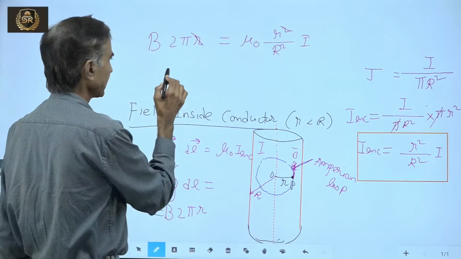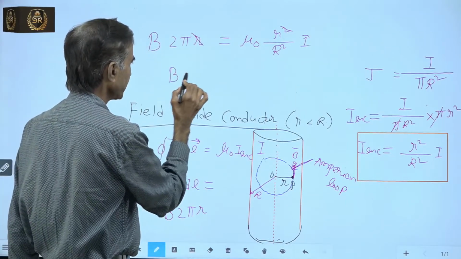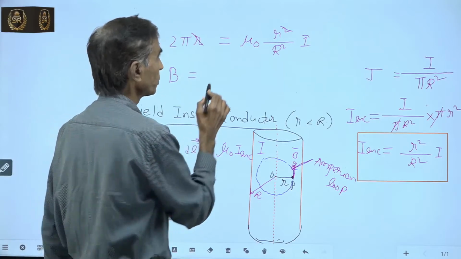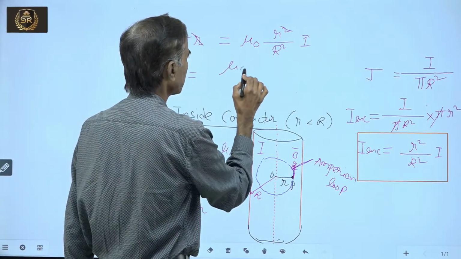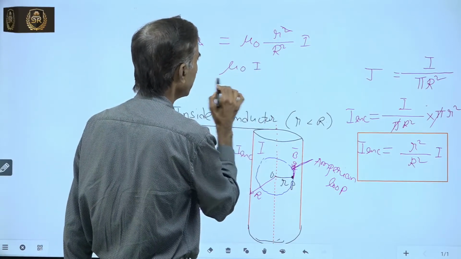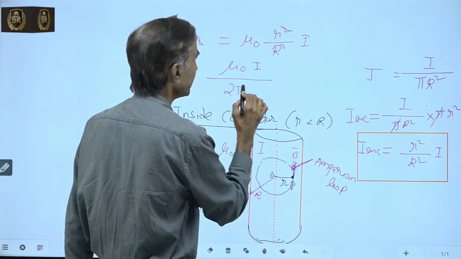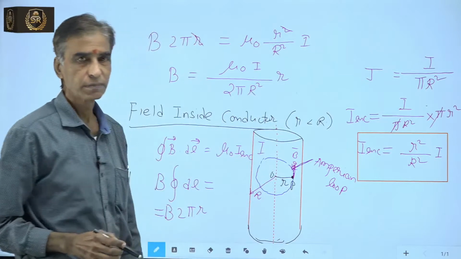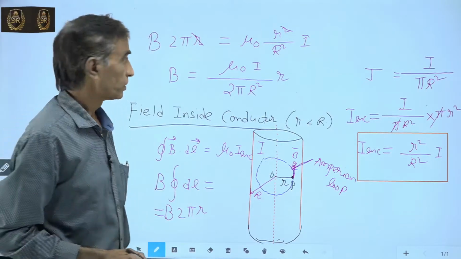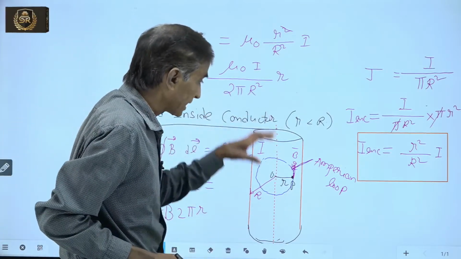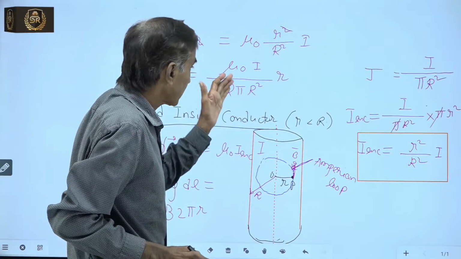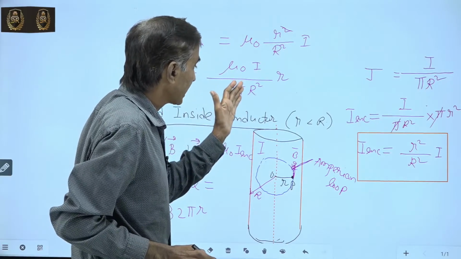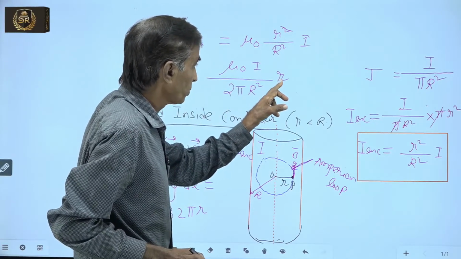So, what is our magnetic induction at a point inside? B is equal to mu naught I by 2 pi capital R square into small r. Isn't it?